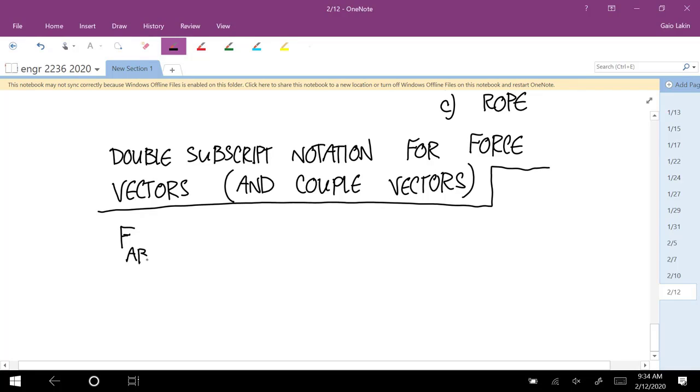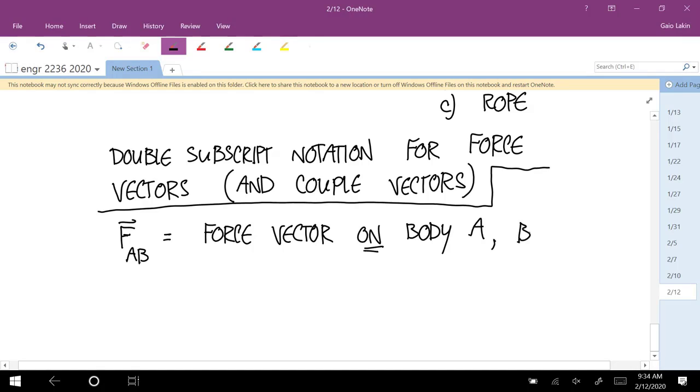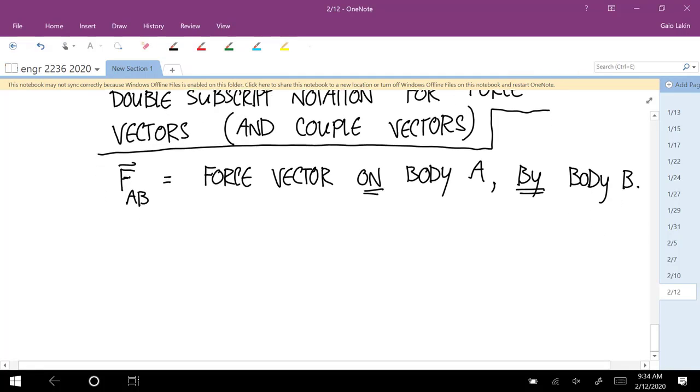Force AB is the force vector on body A applied by body B. And I want to make sure that, so notice you can use this for vectors or vector components.